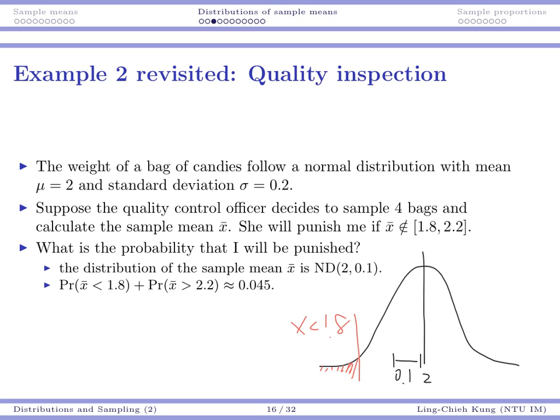For example, in Excel, you call the function NORMDIST, or in other software, you can calculate this particular area. For X to be greater than or equal to 2.2, that's the same thing, right? So once you know the population is normal, then you know the sample mean is normal. Then you know how to do the calculation, and then you know the probability for us to be punished.